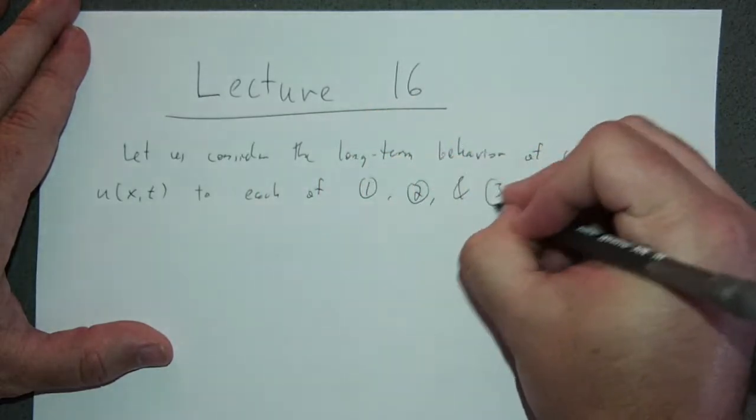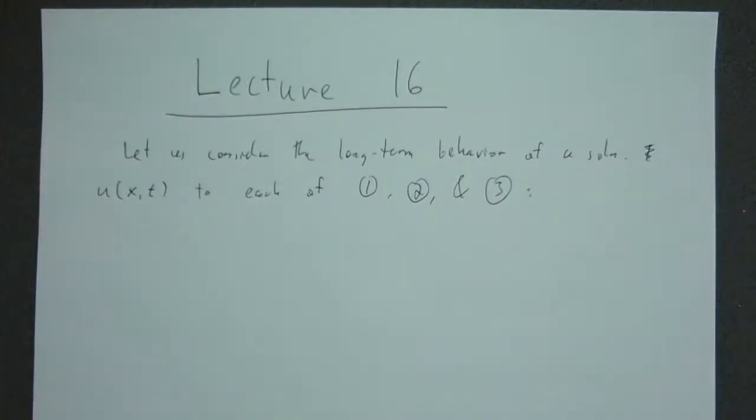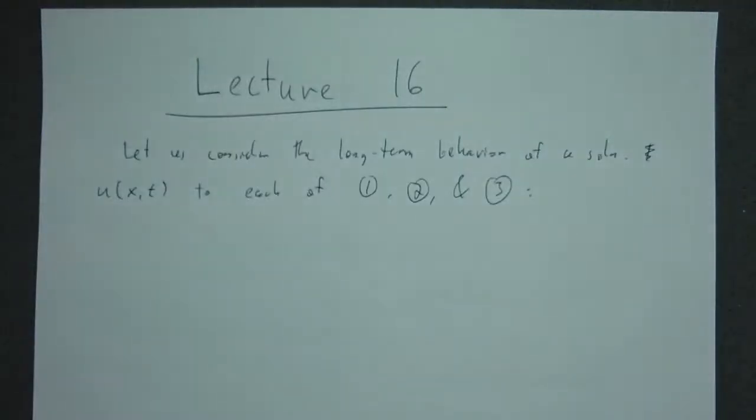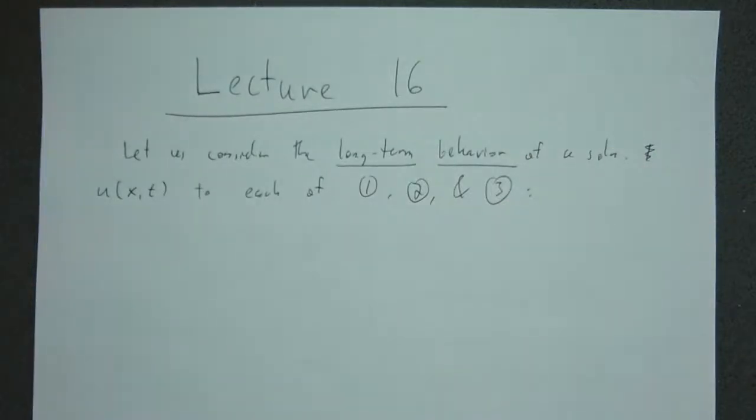Obviously not simultaneously, right? That wouldn't be too good. All right, so each of these. Of course, when I say long-term behavior, what is it that I actually am seeking here? What do I mean?